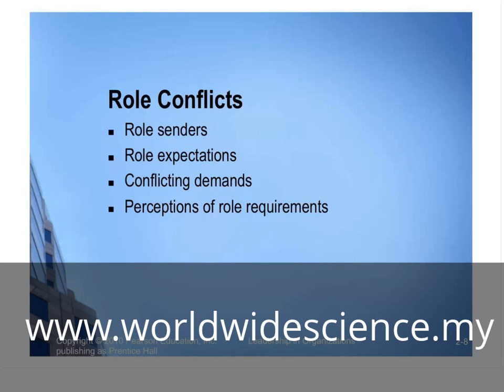A very simple example of conflicting demand is when the management expects the staff to follow a certain procedure. Let's say in that procedure they have to make some disclosure.